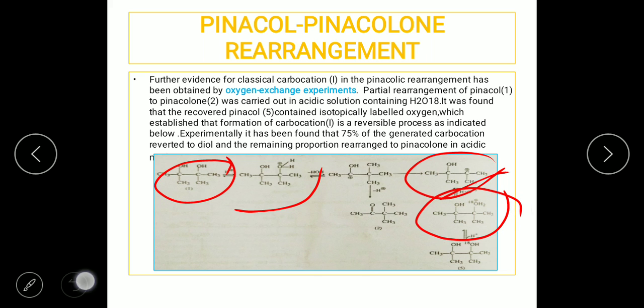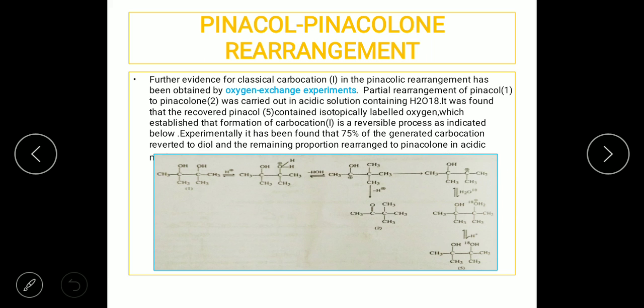So to give that differentiation, the oxygen is labeled as 18. That is, we are taking the isotopic oxygen here. Once an isotopic oxygen is taken, you can easily differentiate between the water molecule which is eliminated and the water molecule with which the carbocation is reacting. That's the reason why isotopic labeling is done, because the same kind of medium, the same kind of solvent, can be present in the reaction medium.